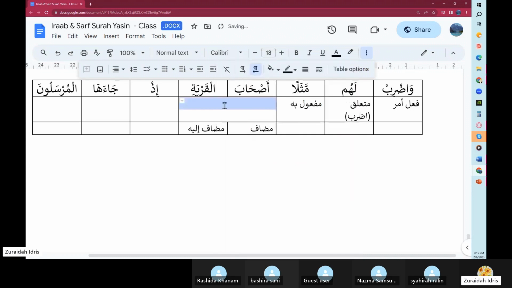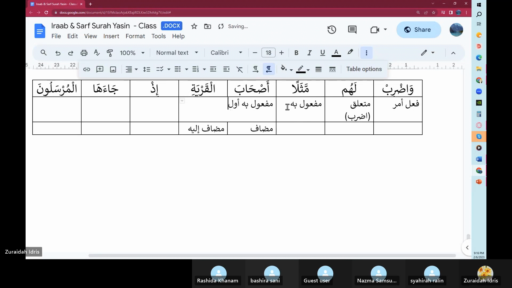Okay, right. So if we take it for the new Irab now, the alternative Irab, maf'ul bihi. This would, however, be your first maf'ul bihi. The other way around. Why do you think it's like this?